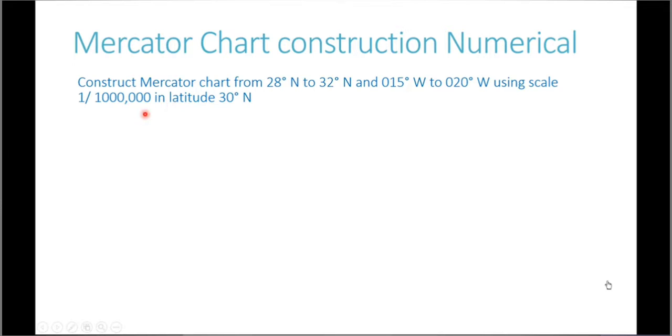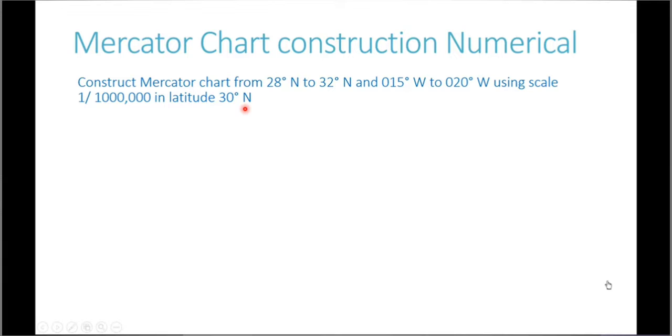Most of the time you will see that the scale is referenced to the mid latitude of the area which the chart is covering. So you can see here 28 to 32. This 30 degrees north is exactly midway, but it is not mandatory. This can be any particular latitude.